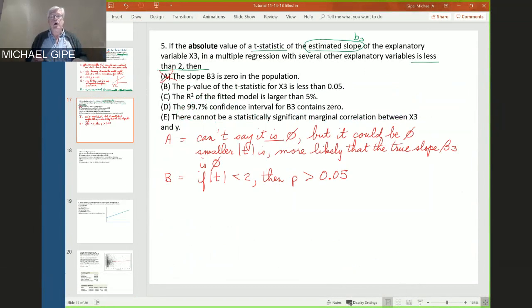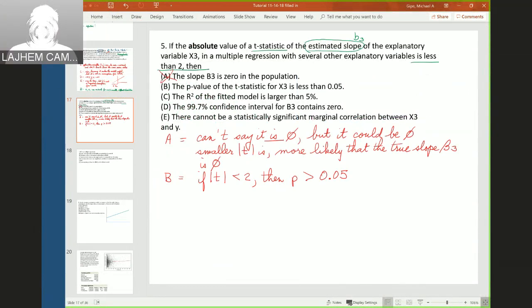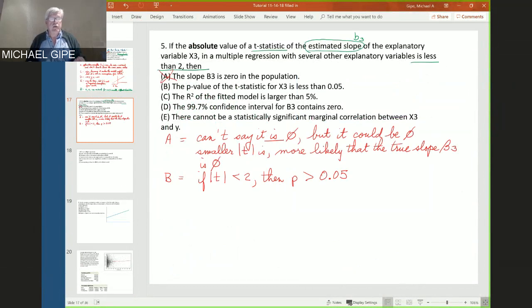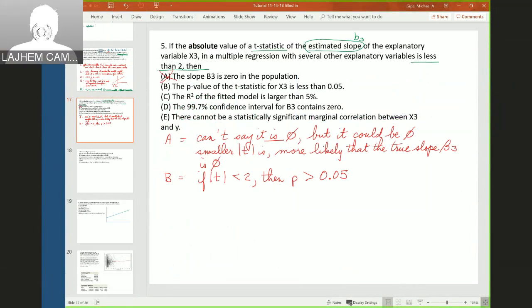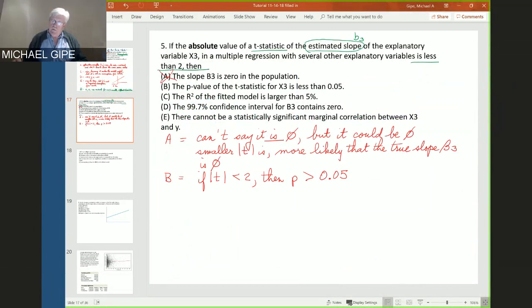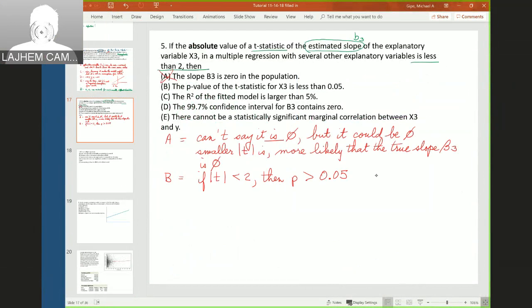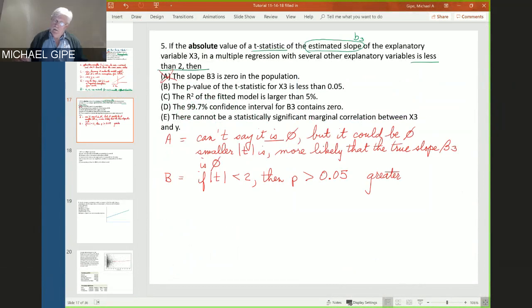It means the probability of rejecting the null erroneously, a type 1 error, is 0.05 or 5%. If t is less than that, then the probability is going to be higher. So it should be greater than, not less. So that's wrong.